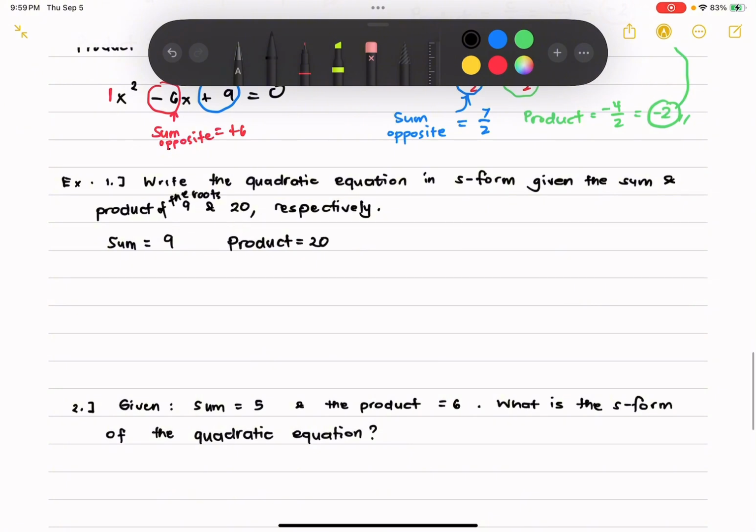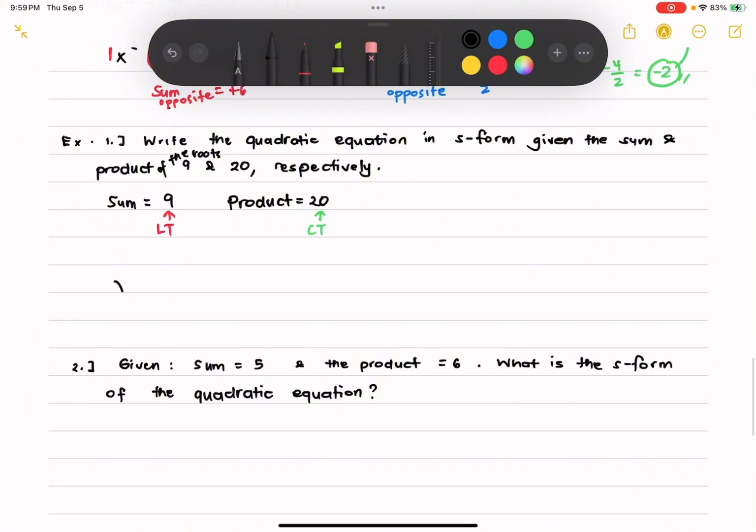Right? So, saan natin makikita ang sum in the given quadratic equation? So, makikita mo yan sa linear term. And this is for the constant term. So, ang gagawin mo lang is, sulat mo lang yan, x squared, opposite ng sum. So, kung susulat lang natin yan, ganito lang yan. Ax squared plus bx, diba?